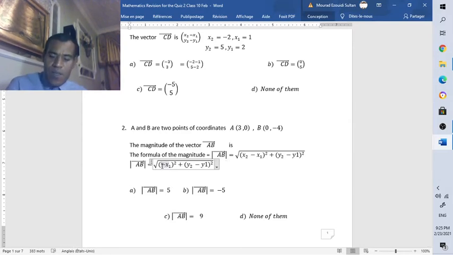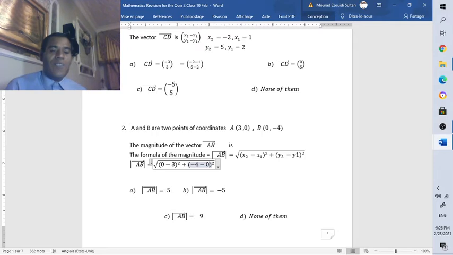So 0 minus 3, all squared, plus, 0 minus 3, plus negative 4 minus 0. You can see here, negative 4 minus 0 is negative 4.